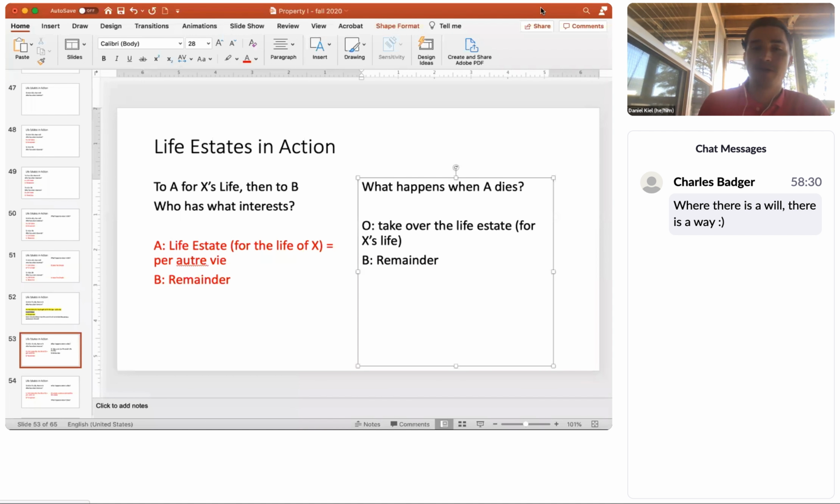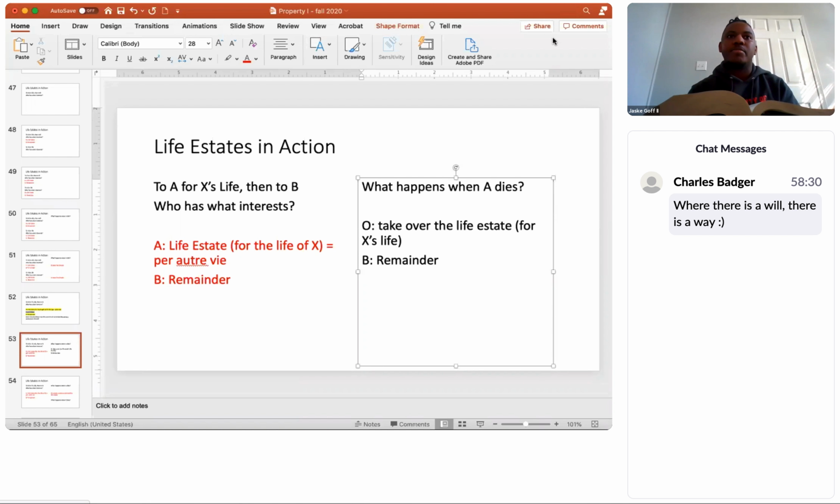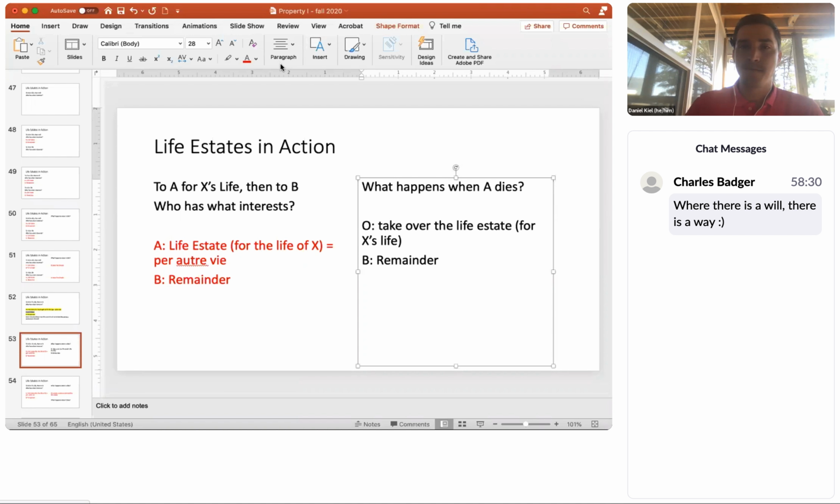What would have happened if it just said to A, it was just a straight fee simple, and then A died? Then it would go to the state. Why?